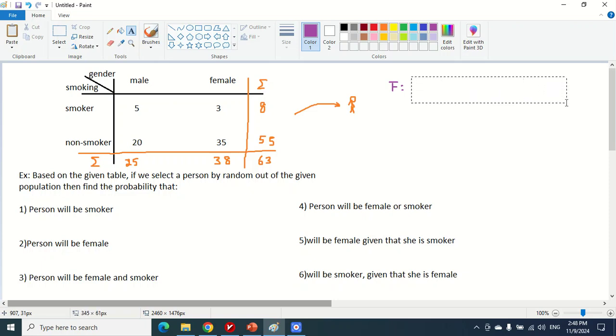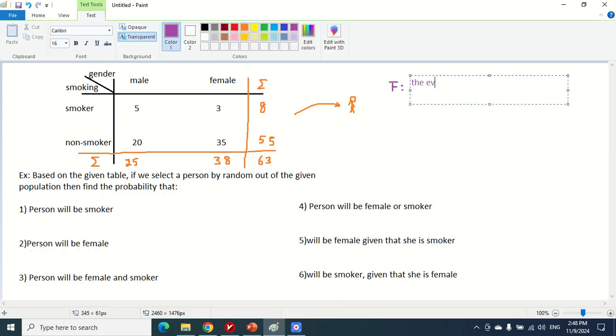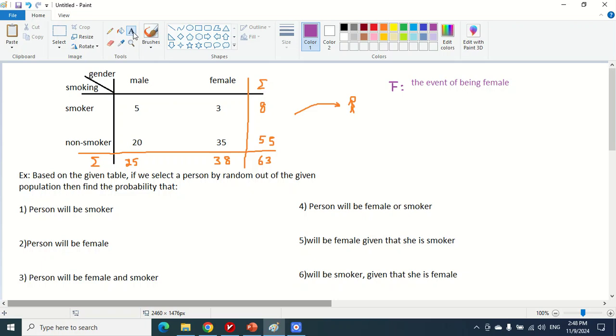So the event of being female is given by this F, and I just put one more word for the smokers. Based on the question, I just use these two events.